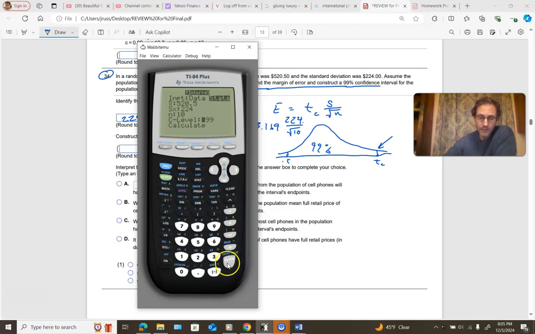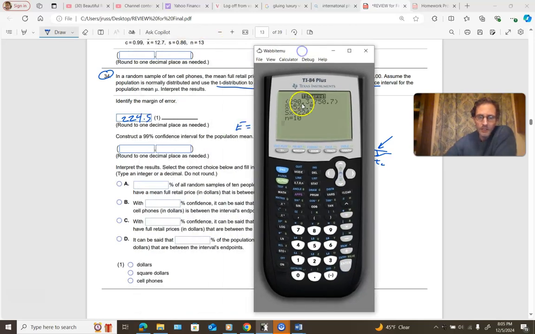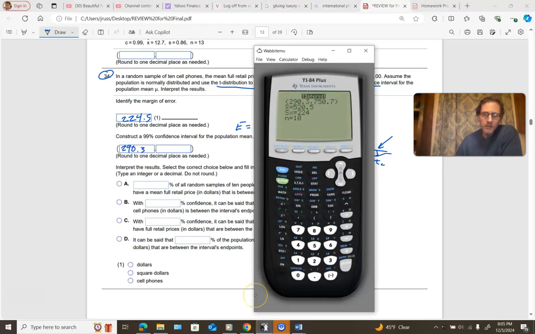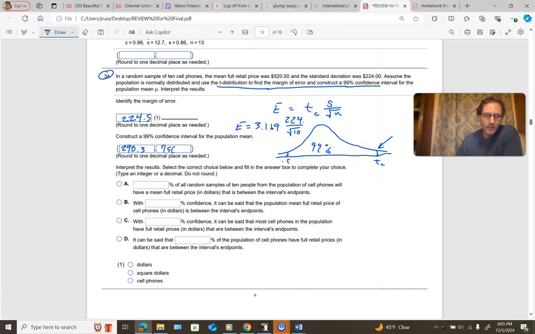And this is a 99% confidence interval. And so these are our bounds, guys. It says round to 1 decimal place, so it'll be 290.3 to 750.7.